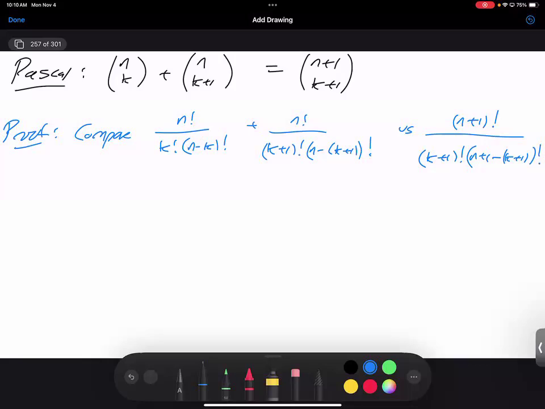I'm just substituting in. I'm going to do a purely algebraic, no intelligence, brute force proof. What should I do to both sides?